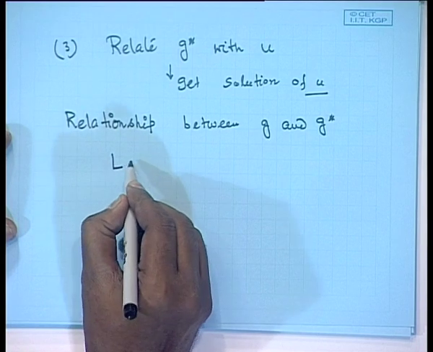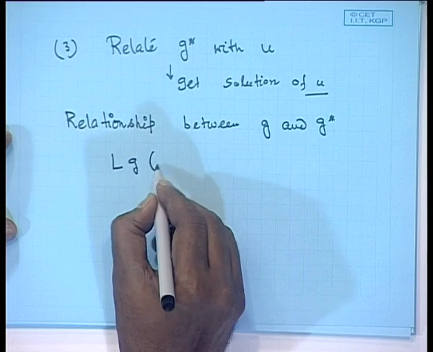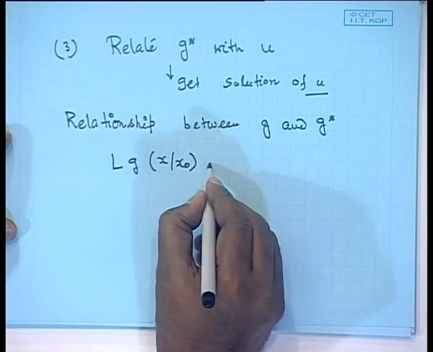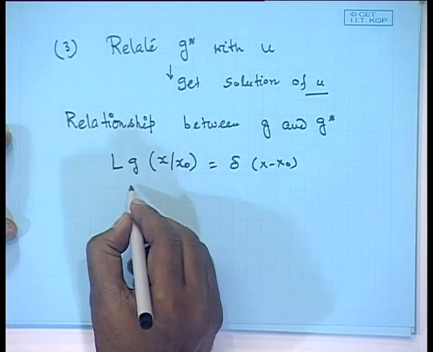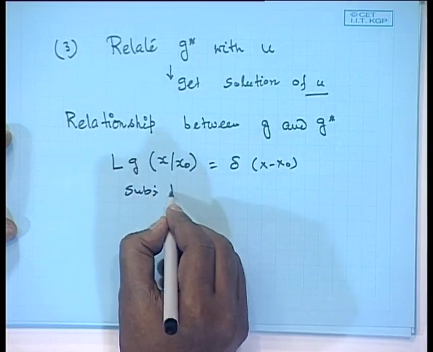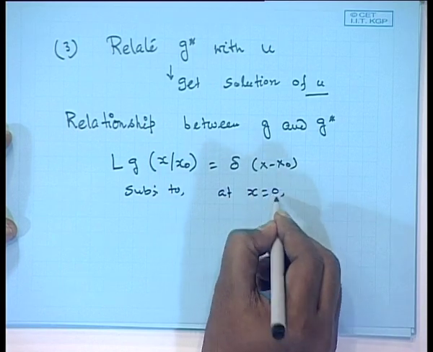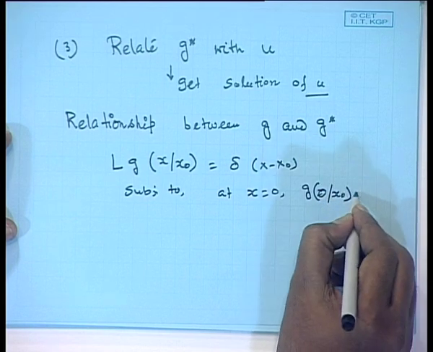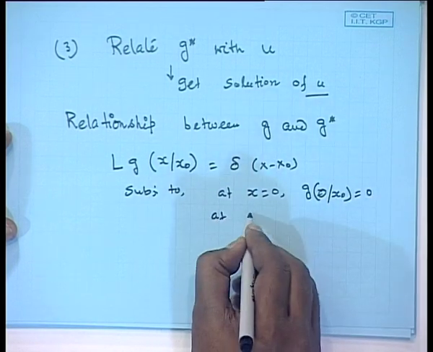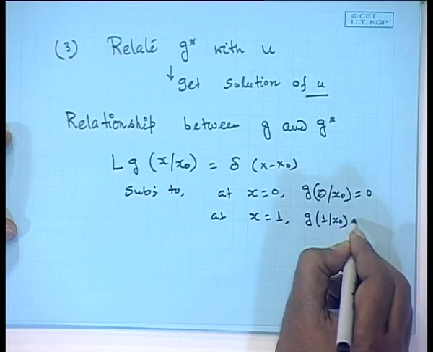Let us say L is an operator. We formulate the problem, in one dimension that will be easier to understand, as LG of x by x naught is delta x minus x naught, subject to, let's say, a Dirichlet boundary condition: at x equal to 0, G of 0 by x naught is equal to 0, and at x equal to 1, G of 1 by x naught is equal to 0.